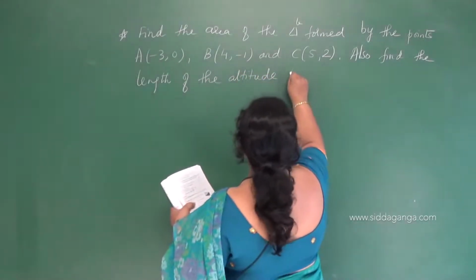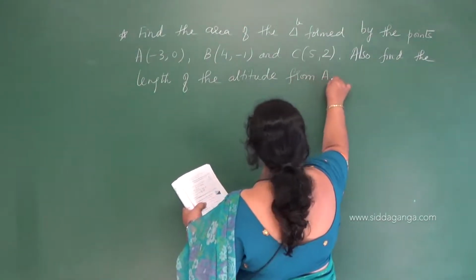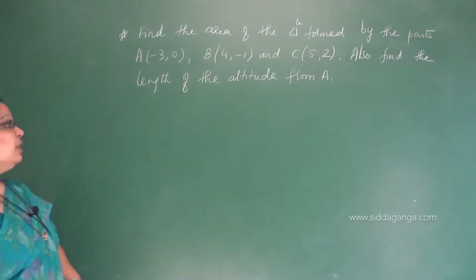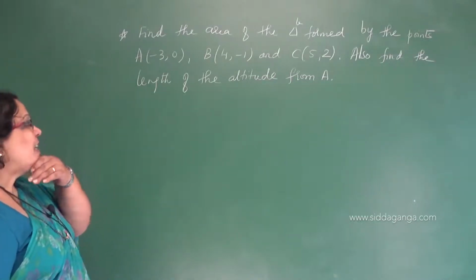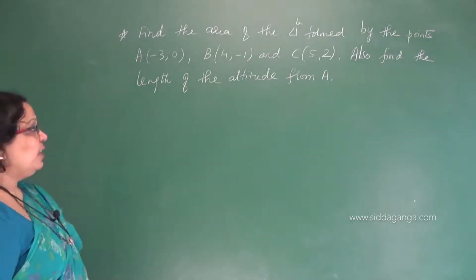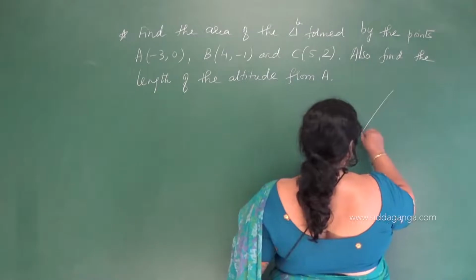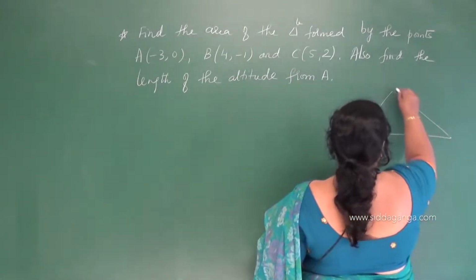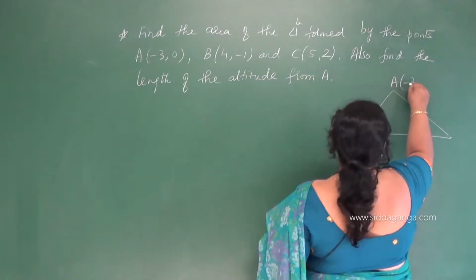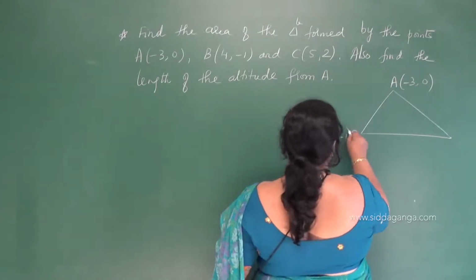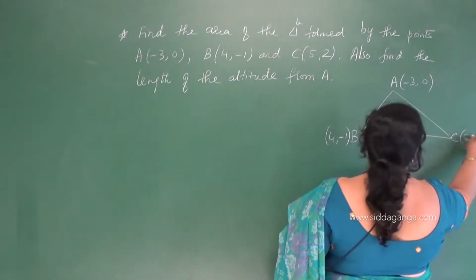Altitude means the perpendicular which is drawn from the vertex A. We have to find the area of the triangle, and the vertices are given here, as well as the length of the altitude drawn from the vertex A. So vertex A is minus 3, 0, the second vertex is 4, minus 1, and the third vertex is 5, 2.